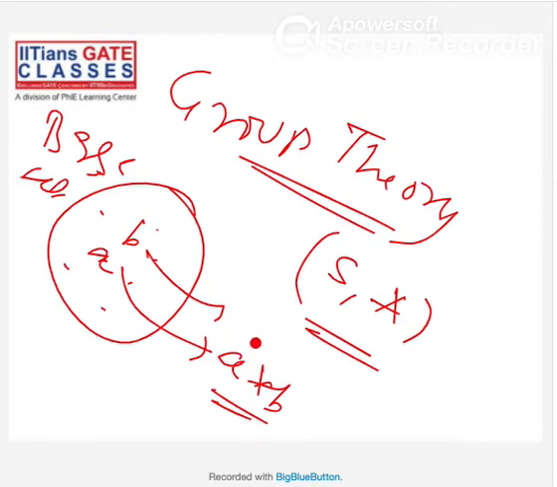Then the closure property says that the result should also belong to the base set. This is closure property. We will say that this set S is closed under star operation. So in group theory, we have already seen this closure property.